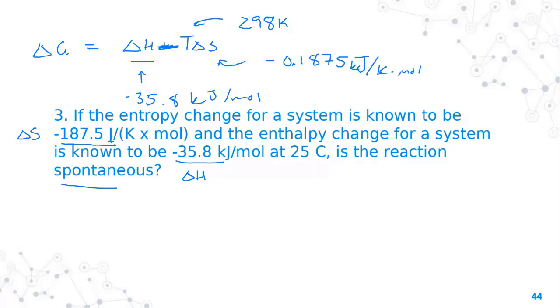Right, and so when you plug it all in, I believe someone already gave me the answer. You should get 20.1 kilojoules per mole. And so would that make the reaction spontaneous? Right, it'll be non-spontaneous because we have a positive delta G.